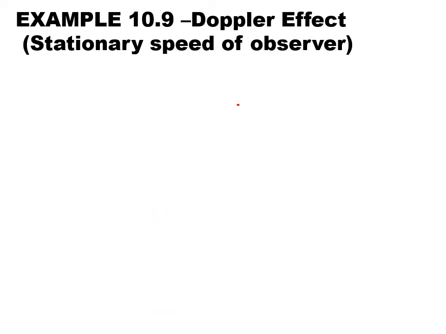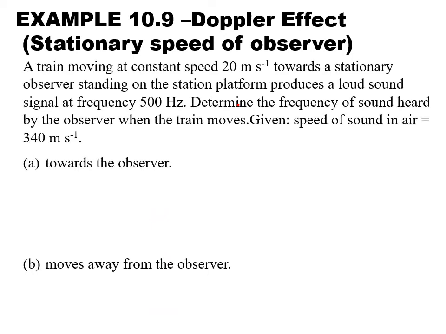Example 10.9, Doppler effect for stationary observer. A train moves at constant speed 20 meters per second. This is your V source towards a stationary observer. This is your stationary observer, meaning that your V observer is 0, standing on a station platform.